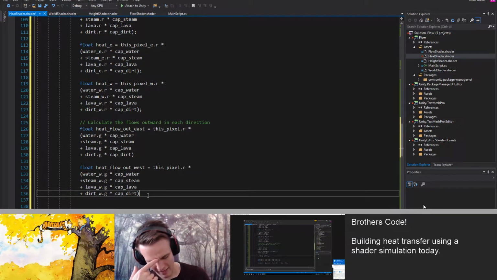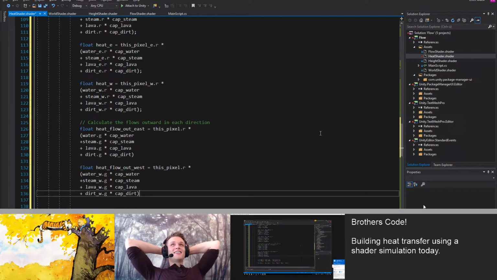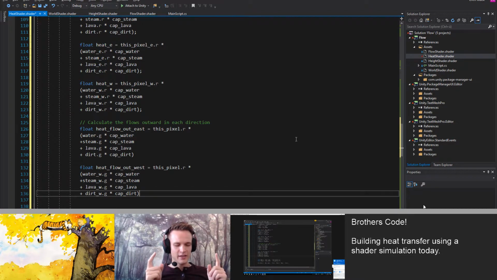Hold on. What I take from the west has to go to the east, right? Yes, but this is another point of weirdness. You can also have a flow between two cells that is not symmetric.